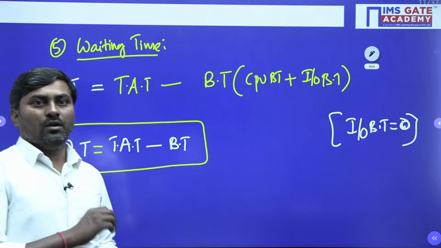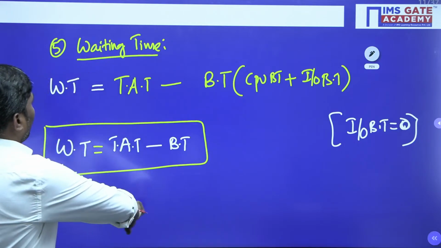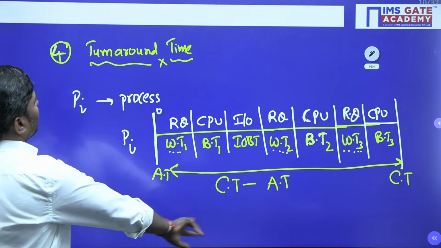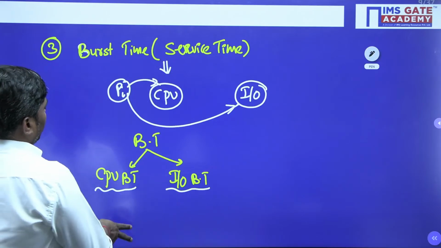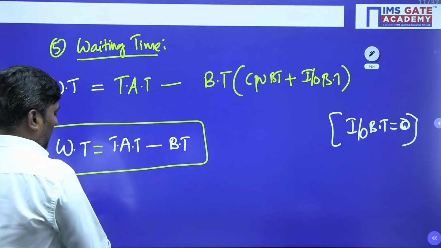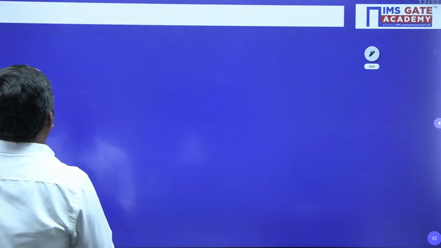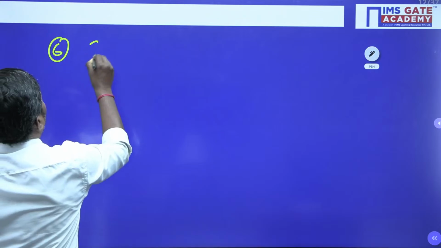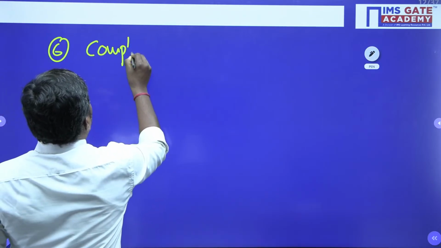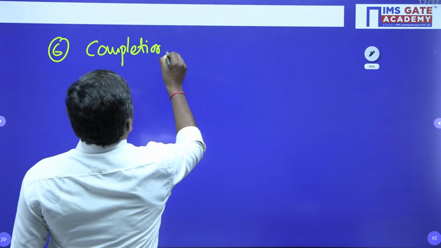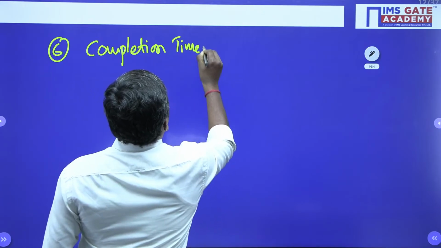So mostly we have understood the turnaround time, the waiting time, the burst times, arrival time. We forgot the sixth one, completion time. What is the completion time? Very simple.